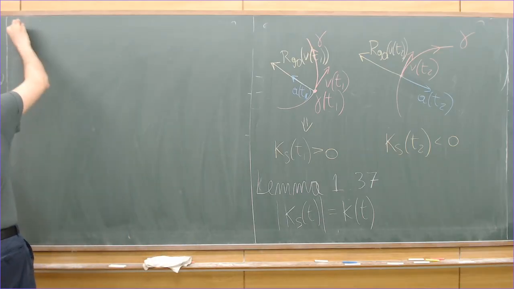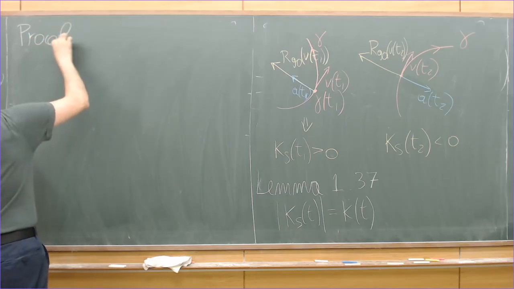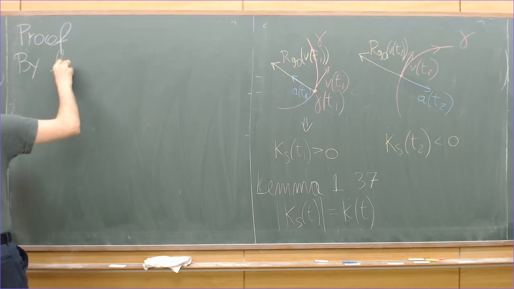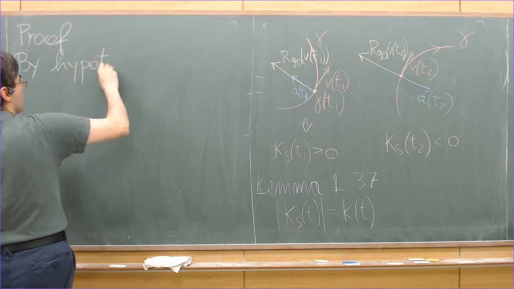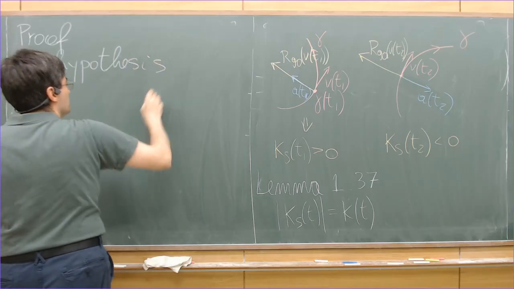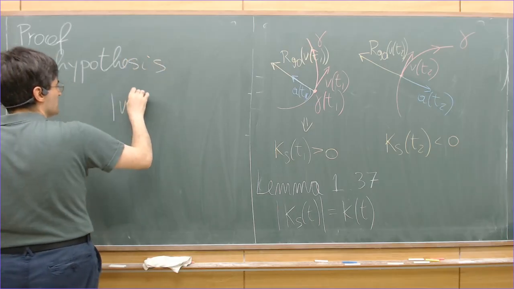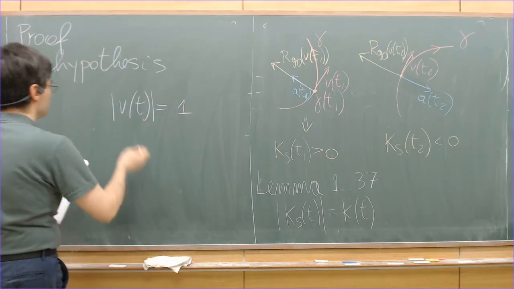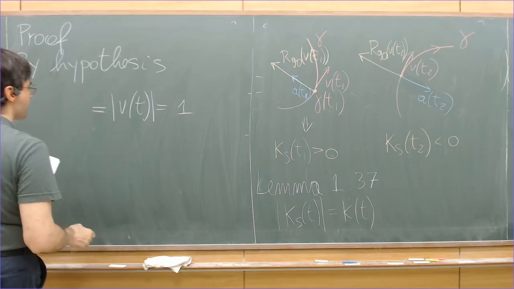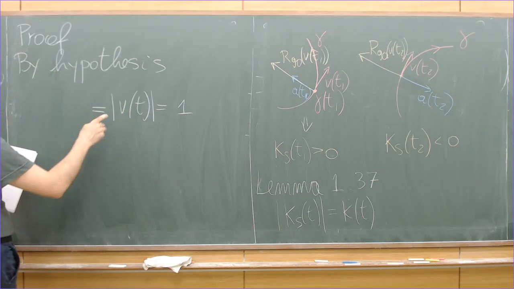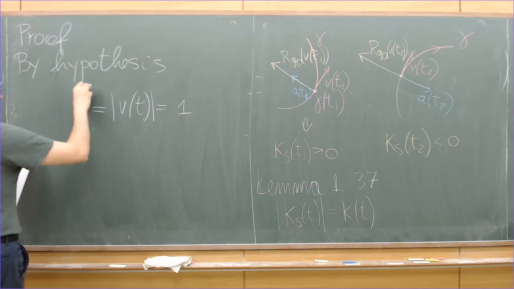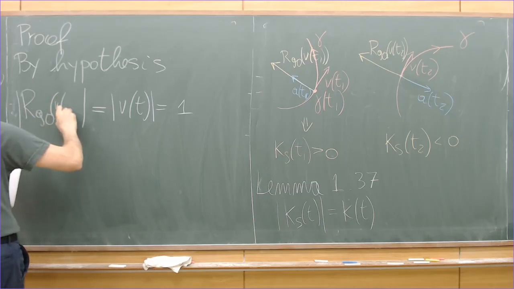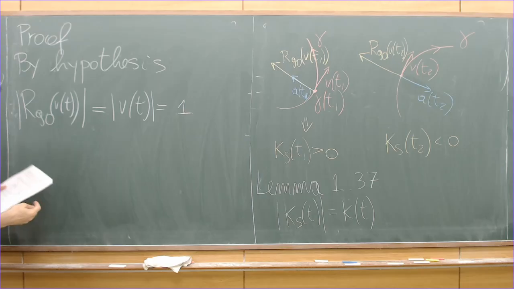By hypothesis, the length of V is equal to 1, and this will be equal also to the length of R90 V of t because of its definition.